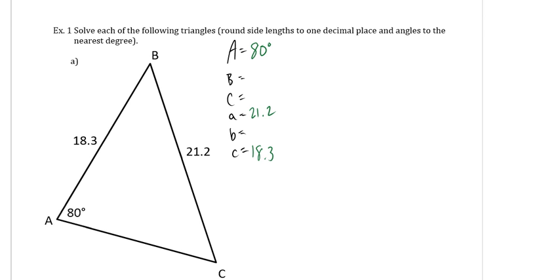I have to start in the right place. After that, you have some choice. But at first, you have to start in the right place. Okay? So that's part of figuring out, am I using sine law or am I using cosine law? And then you also have to decide, what can you find with sine law or cosine law?